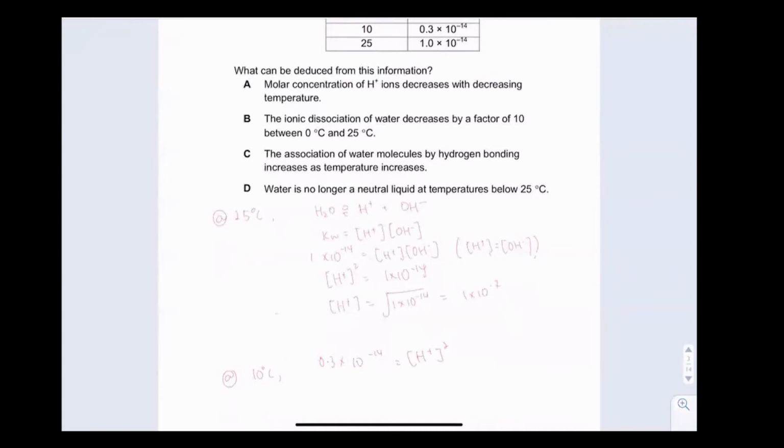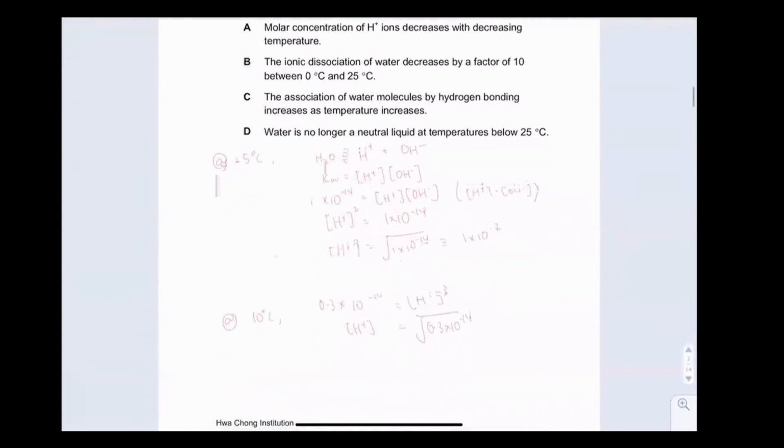Therefore, I can write it as concentration of H plus squared. So therefore, concentration of H plus will be square root 0.3 times 10 power negative 14. And therefore, it will give me an answer of 5.4772 times 10 power negative 8.